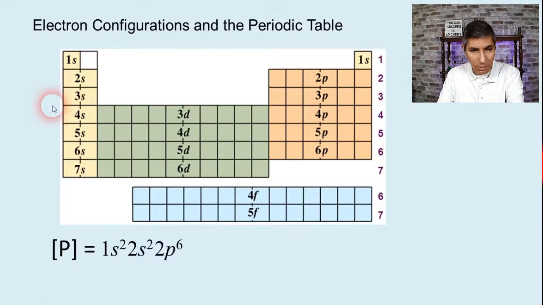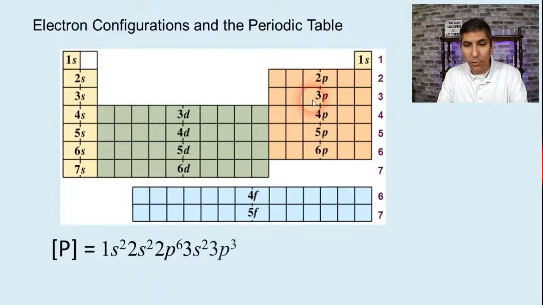Now we start the next street over here, 3s, and there are two boxes there, so it's 3s2. And then phosphorus is in the 3p section, so we don't want to pass that up, do we? It's 3p and 1, 2, 3, so it's 3p3 is how that electron configuration is going to end. So this is just another way to write electron configurations for these elements.